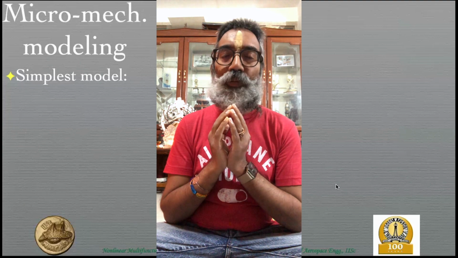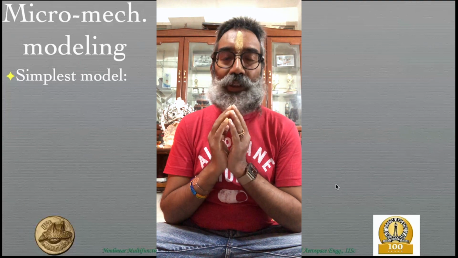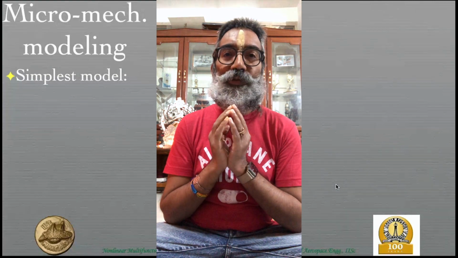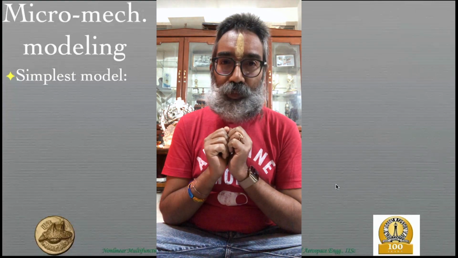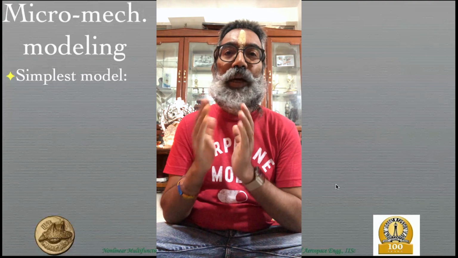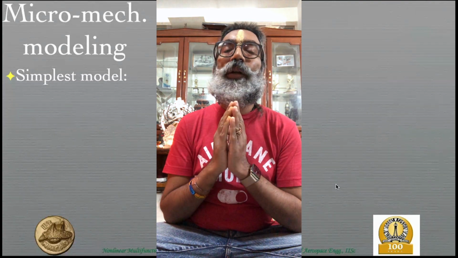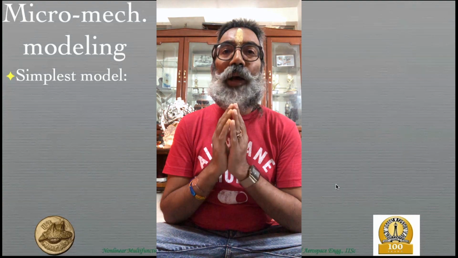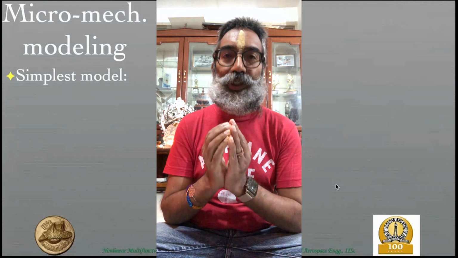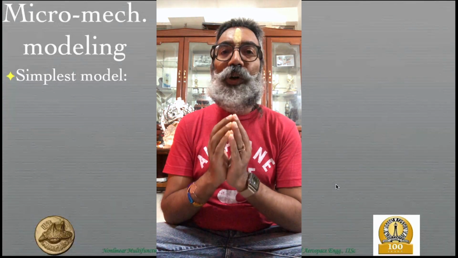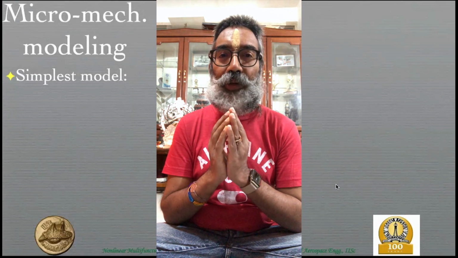That's quite obvious from the fact that the total mass of the composite should be equal to the mass of the fiber plus the mass of the matrix, and since mass is equal to density times volume, we take advantage of that and divide by the total volume. Now we are talking not about absolute volumes but volume fractions: what percentage of the volume is occupied by fiber, and what percentage is occupied by the matrix.